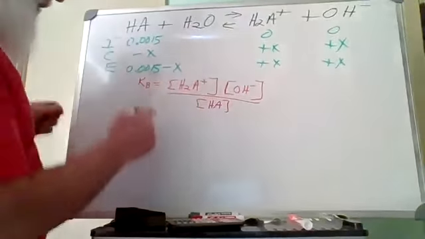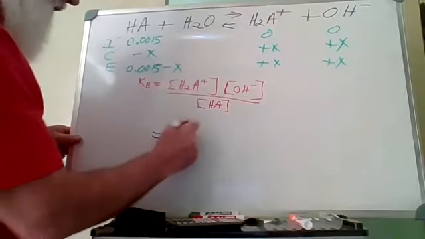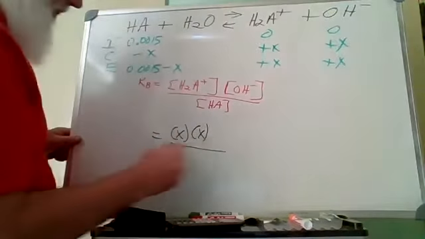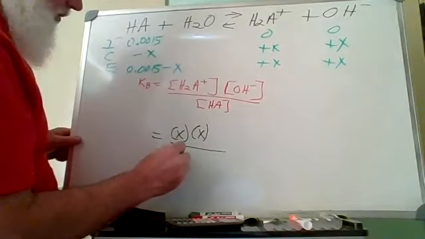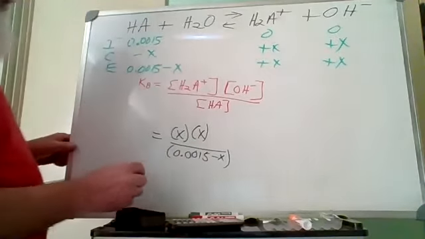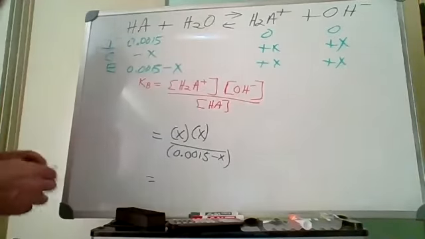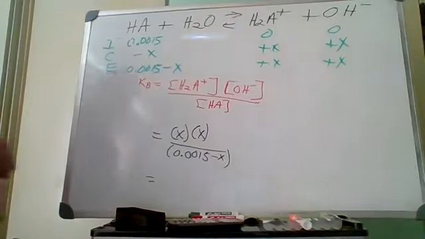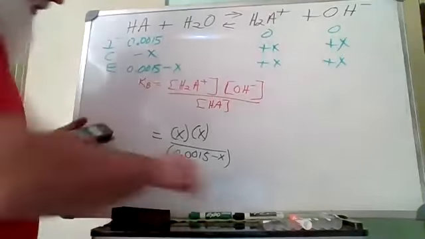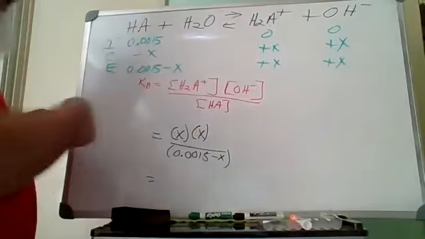All right, so Kb equals x times x divided by this. Right? And now we can just go ahead and plug in the numbers. So this is just x squared.